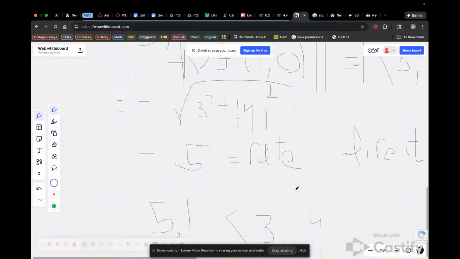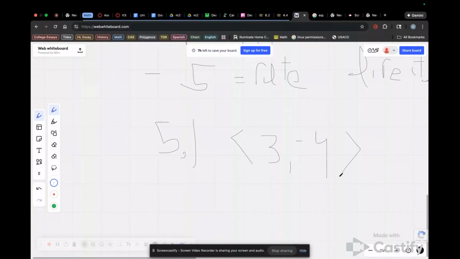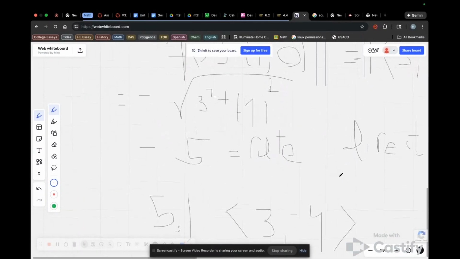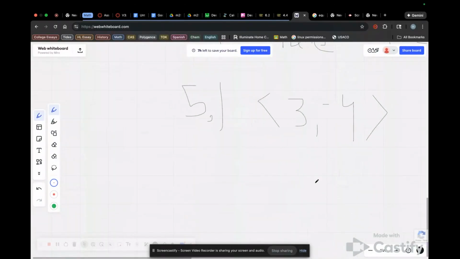So to do this, oh sorry, I didn't finish this. Okay, to do this, we can use this formula that I found online.